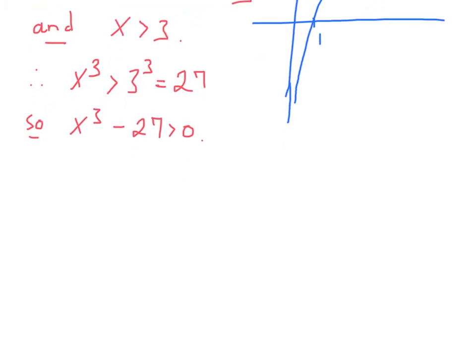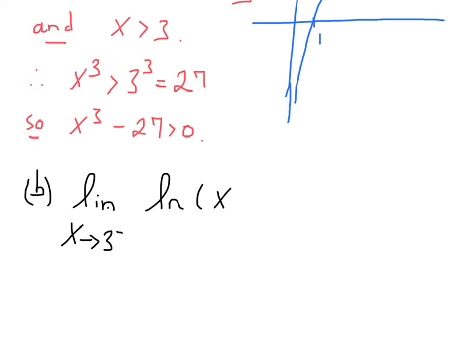So now let's consider, we should call this one B, the other one must be A then, the limit as x tends to 3 from the left of the log of x cubed minus 27.